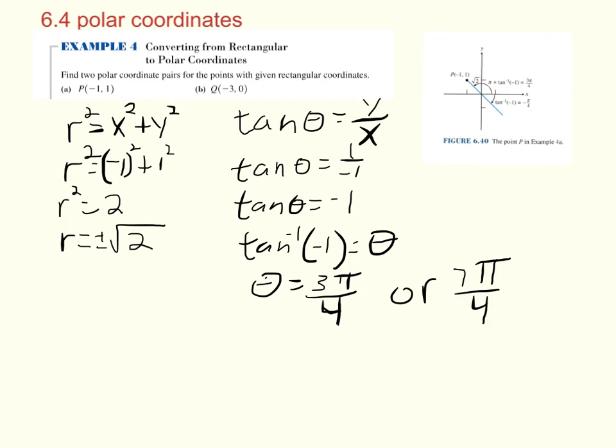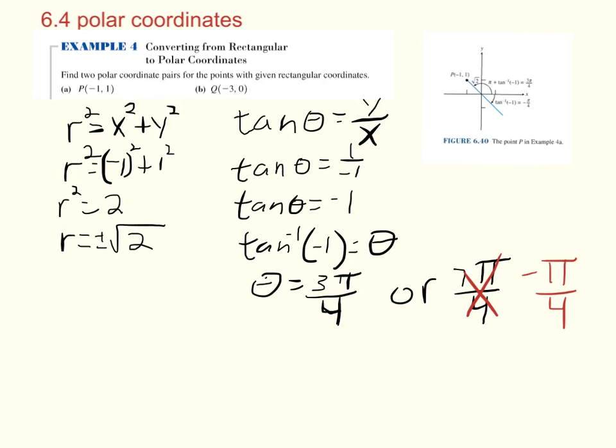Okay, so I've added the graph of these two things, and you'll notice right away that when dealing with polar coordinates, what we often do, rather than deal with 3 pi over 4 and then keep going all the way to 7 pi over 4, is actually use the negative angle. So we could take the 7 pi over 4 and instead use negative pi over 4, which is what you see them doing right here.